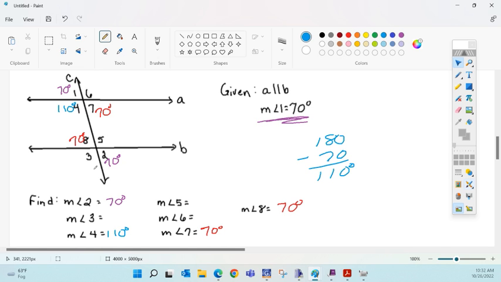Which one of them? 3 is how much? It's not 70. 3 is actually, how is 3 related to 4? What's the name of that? Vertical. Congruent. I wasn't saying you were wrong. They are congruent, yes, so it's 110.